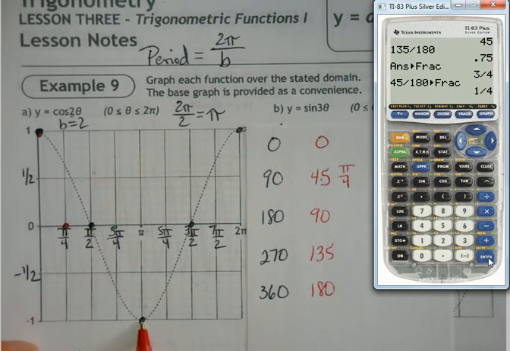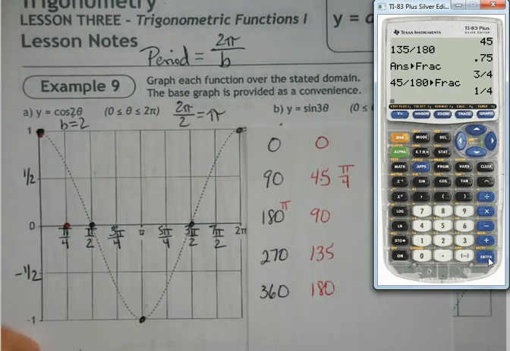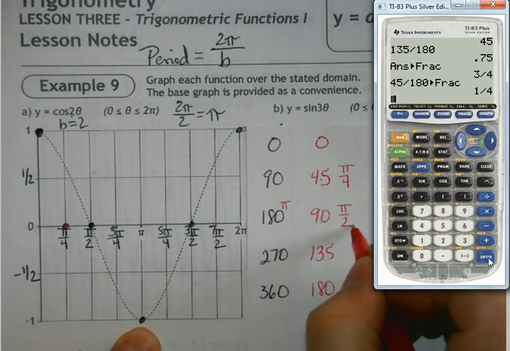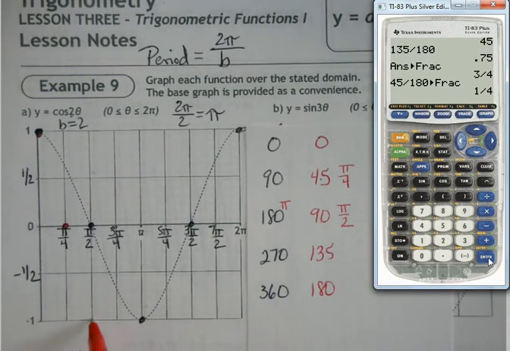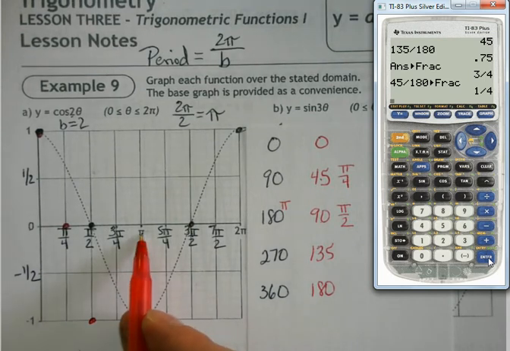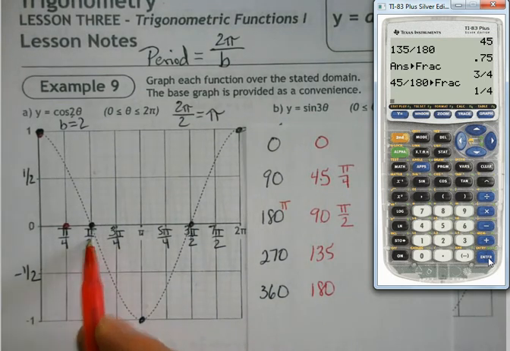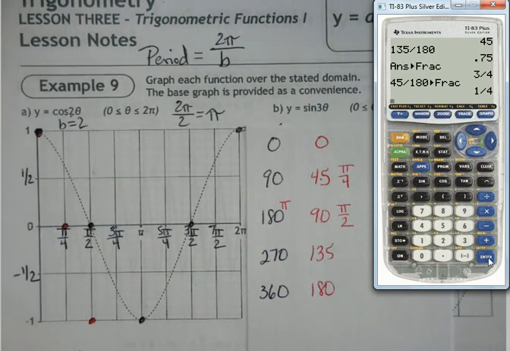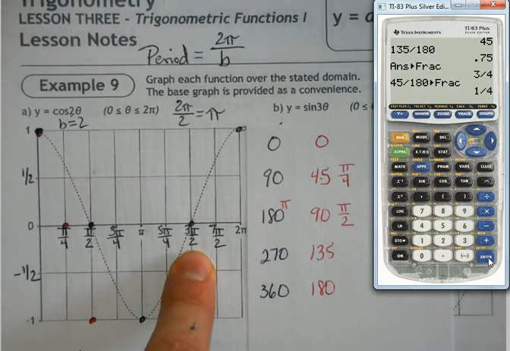My next value that was at 180, which is pi, now is going to be at 90, which is pi over 2. So basically you're taking this and you've cut it in half. If I take pi over 2 and cut it in half, I get pi over 4. So you're just going to divide all of these by 2.